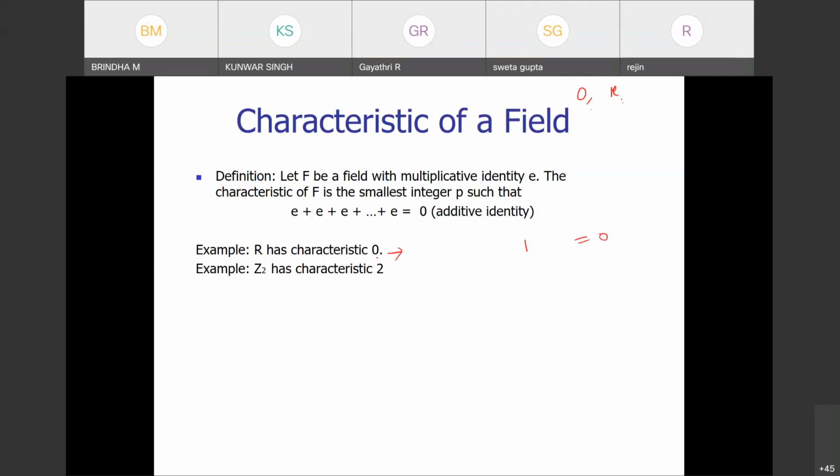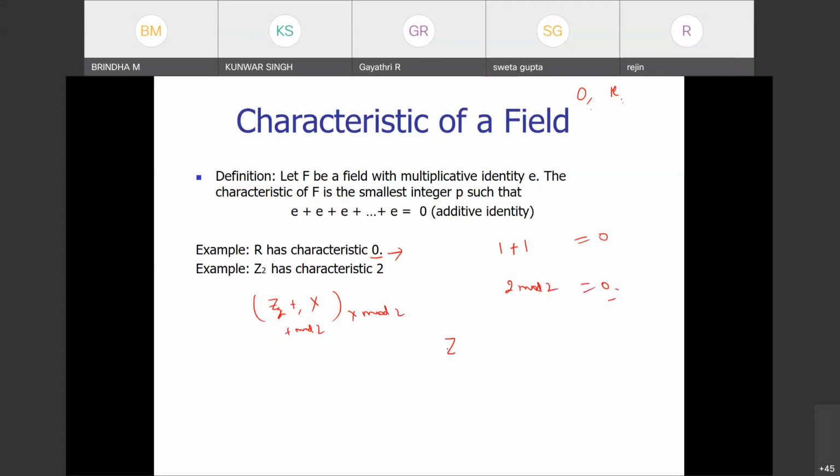R has characteristic 0. Now if you see the field Z2, with addition modulo 2 and multiply modulo 2, where the elements are 0 and 1, how many times will you add 1 to get 0? Two times: 1 plus 1 is 2, and 2 modulo 2 is 0.